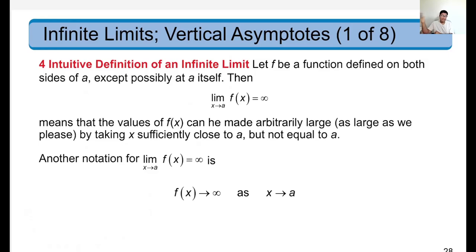I should make it as large as required, or if it is negative infinity, I should make it as large negative as required. We don't say small. Keep that in mind. Small refers to zero, on both the positive and negative side. Large would be positively large, plus infinity, or negatively large, negative infinity.